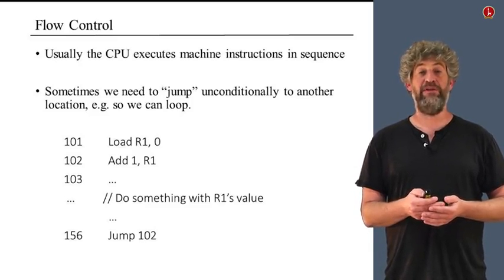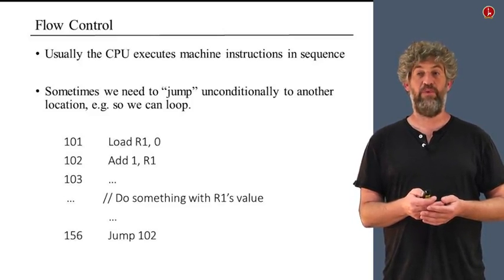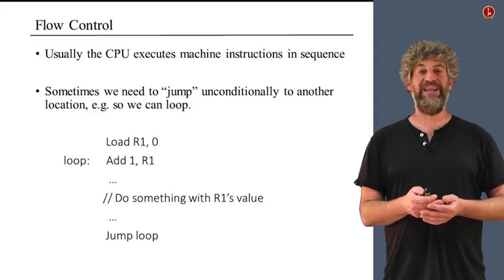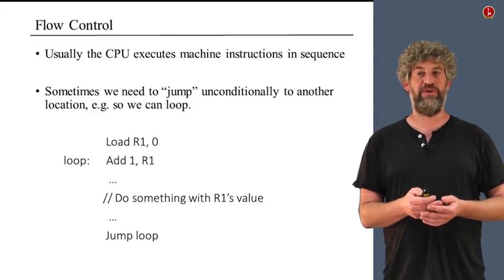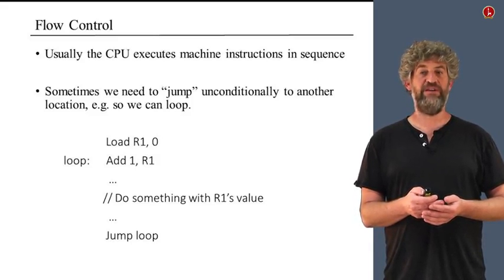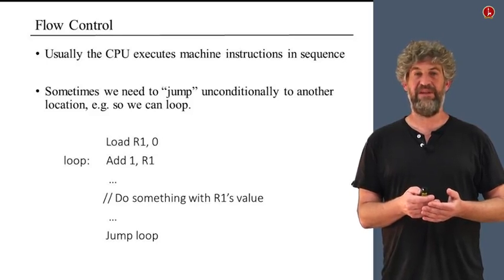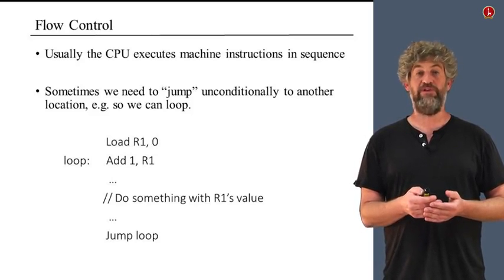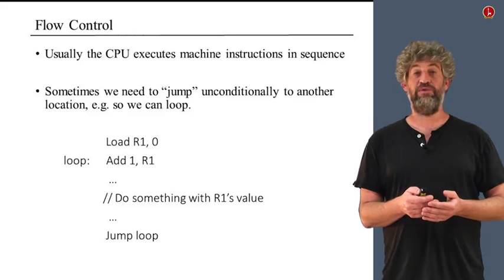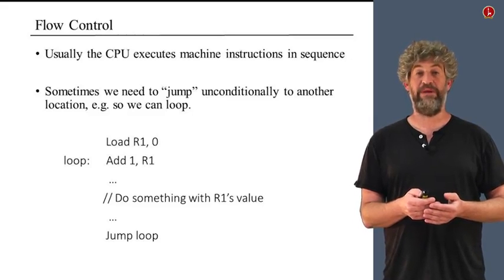So we could do this in a symbolic manner in the following way. Just give a name to important locations. For example, location 102, I give it the name loop. And then I say jump to loop. This doesn't really change anything. This is exactly the same thing when we write it in bits in our machine language, but it's more convenient for humans to look at, so we'll just do that as part of the way of describing programs.